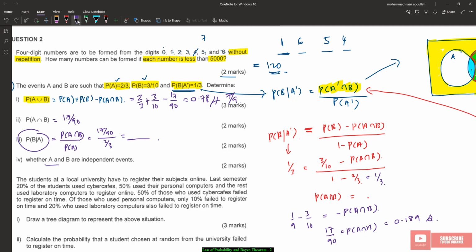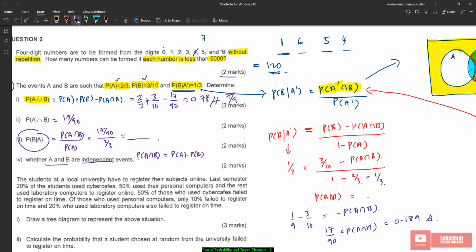And then, if A and B are independent events, probability of A intersect B should equal probability of A multiplied with probability of B. So what is the value of probability A multiplied by B? 2 over 3 multiplied with 3 over 10.